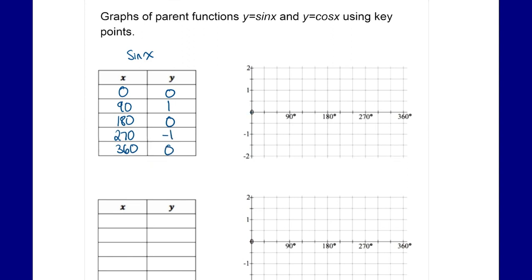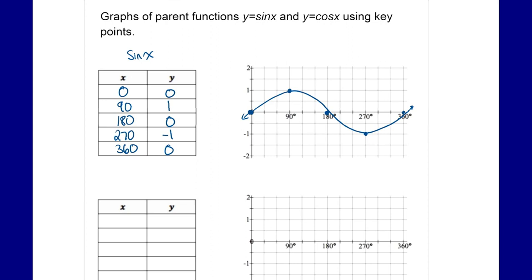So when we graph that, we get a nice looking sine wave, something like this. And those are the only points we really need, because then it starts to repeat that pattern.